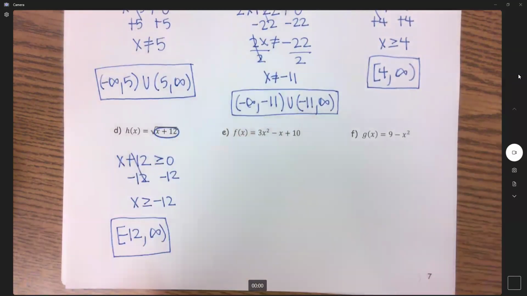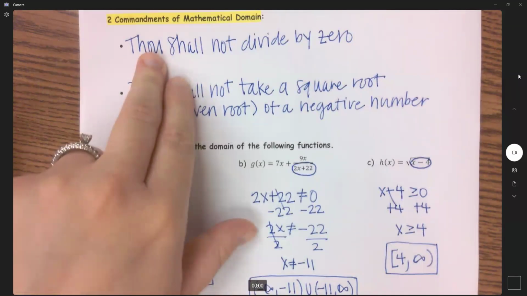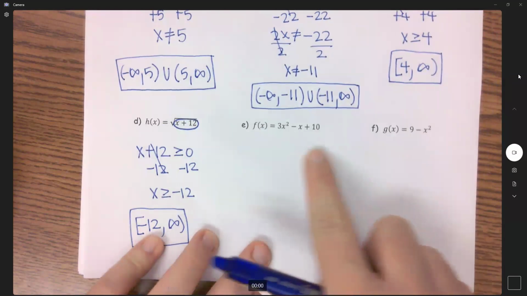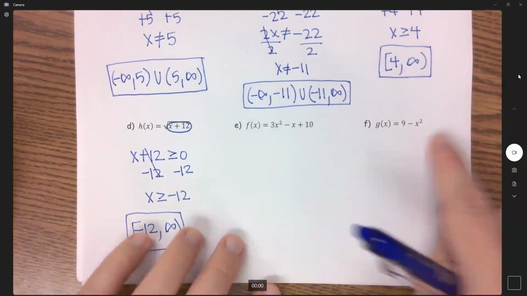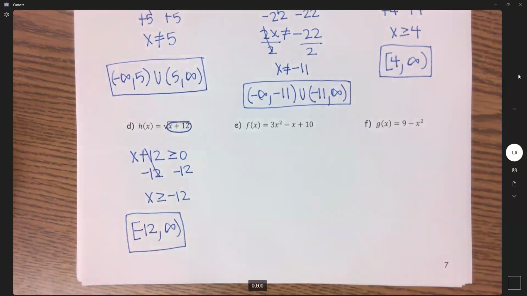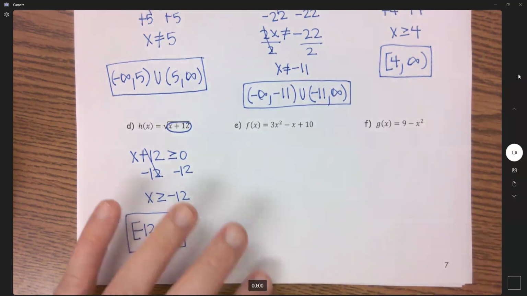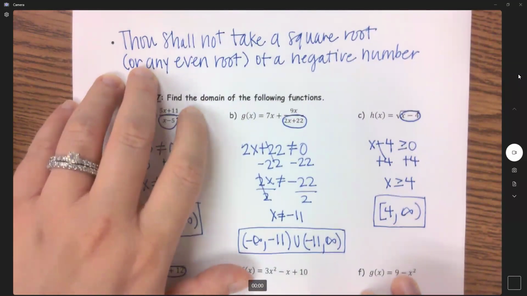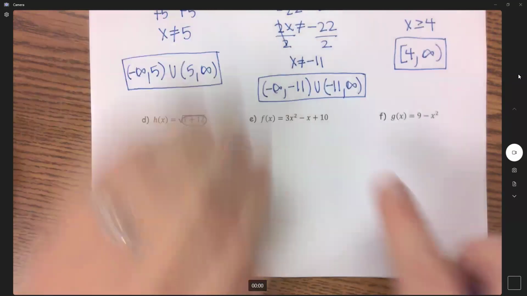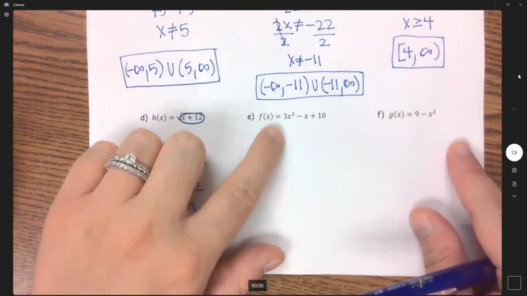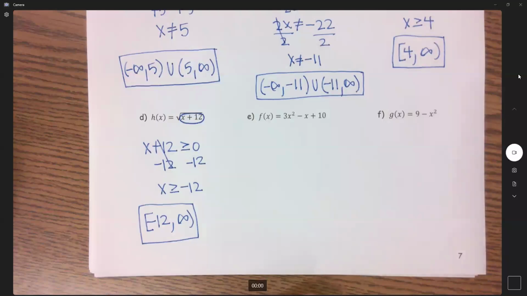Now for E and F, we're just going to do both of these together as one. I have 2 mathematical commandments. Thou shalt not divide by 0. I don't have to worry about dividing by 0 here because I have nothing in the denominator, specifically no variable in the denominator. Thou shalt not take the square root of a negative number. Well, I have no radicals here, so I don't need to worry about having negatives under radicals.